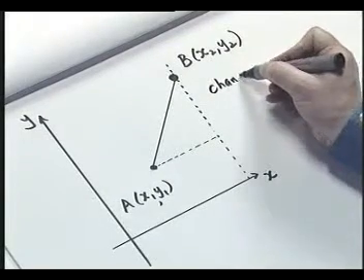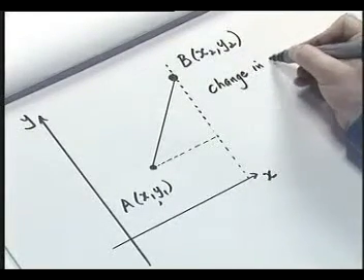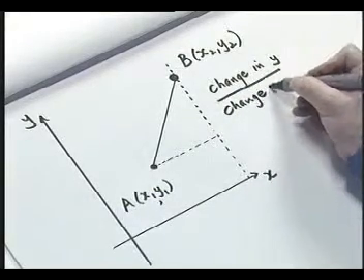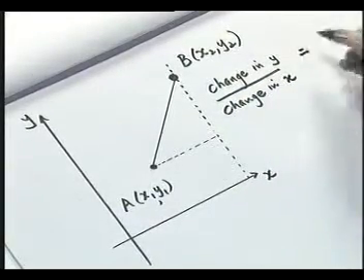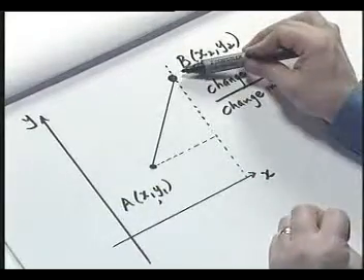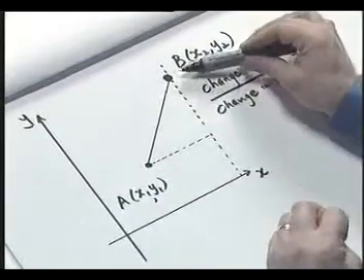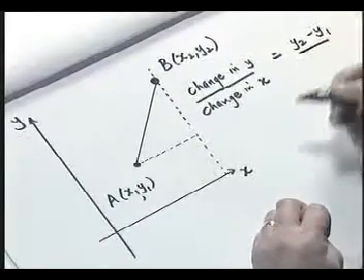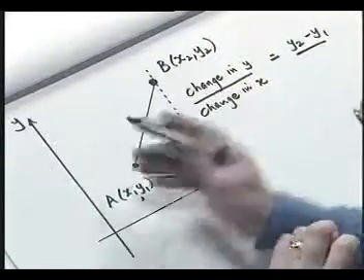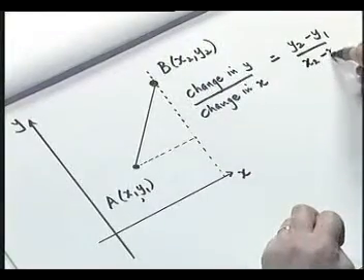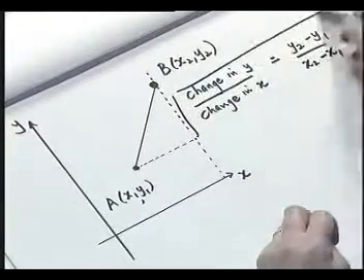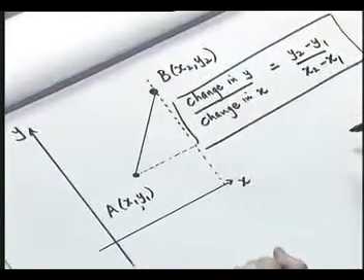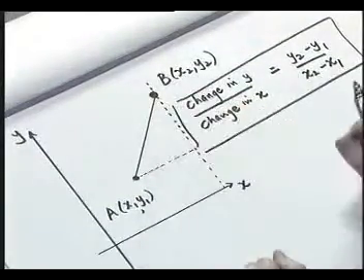So the change in y divided by the change in x, well, the change in y is the final value minus the initial value, so it's y2 minus y1. The change in x is x2 minus x1. And that is the formula that we can always use to find the gradient of the line joining 2 points.